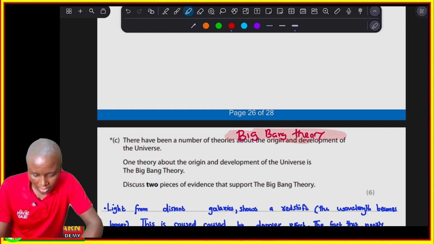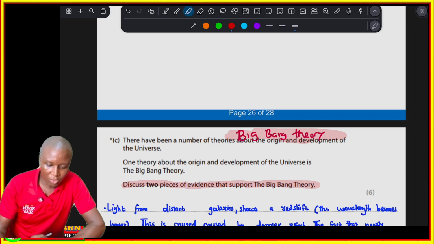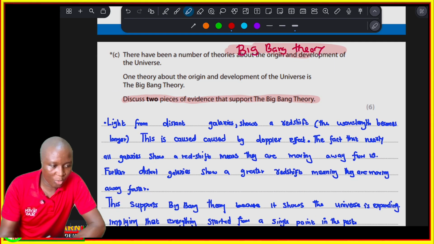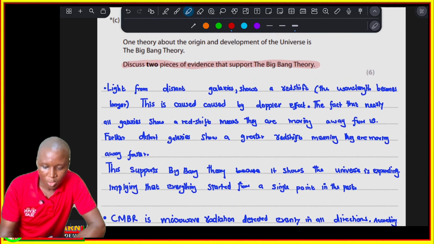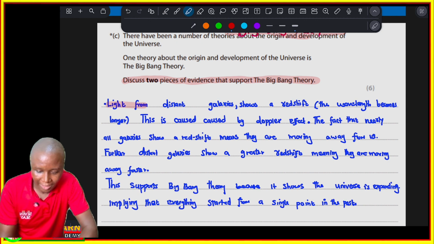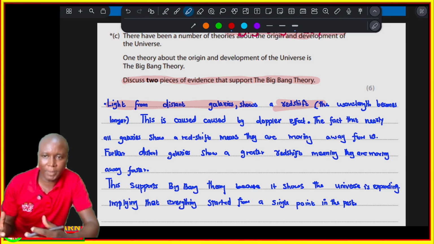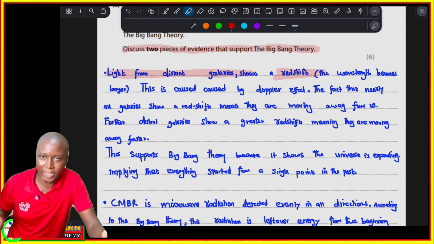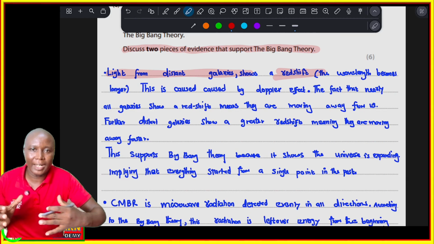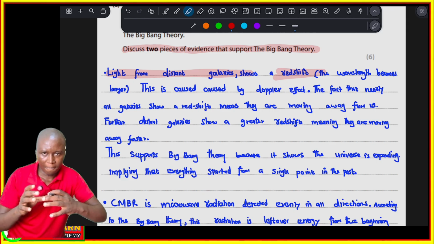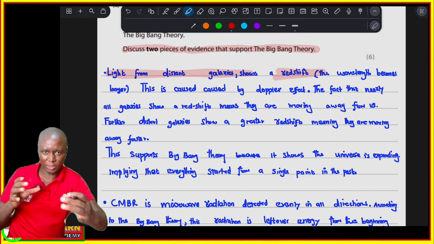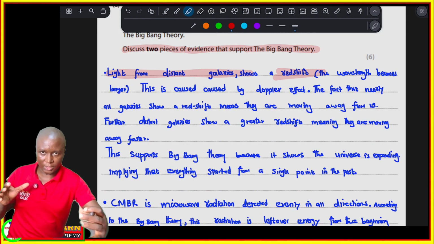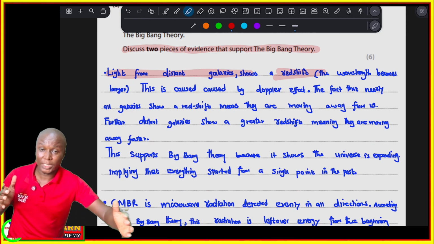But this question is asking us to discuss evidence of Big Bang theory. Whenever you see a question to do with evidence to show Big Bang theory, you must remember light from distant galaxies. They show a redshift, which is an implication that the universe is expanding. Since light observed from galaxies shows a redshift, it means that the universe is expanding.